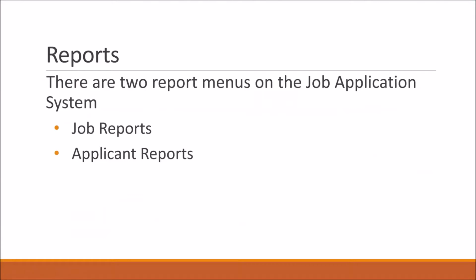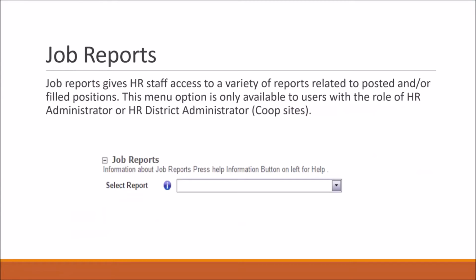Reports: there are two main menus on the job application system where you access reports. One is the job report menu, and one is the applicant report menu. The job report menu deals with reports related to posted and filled positions, and that menu is limited to users with the role of HR administrator, or if you're a co-op site, those with the role of HR district administrator.